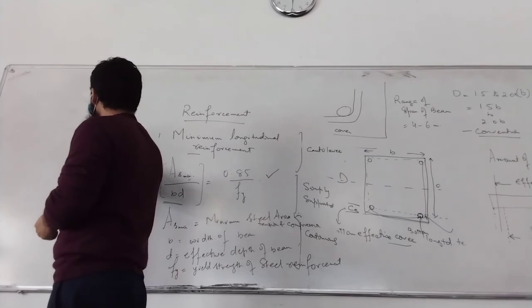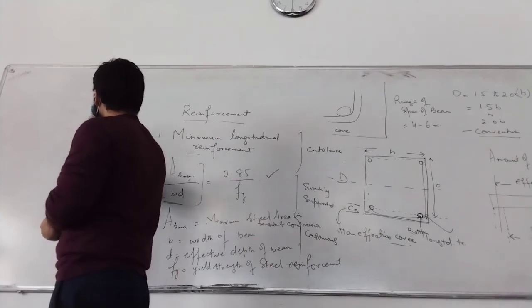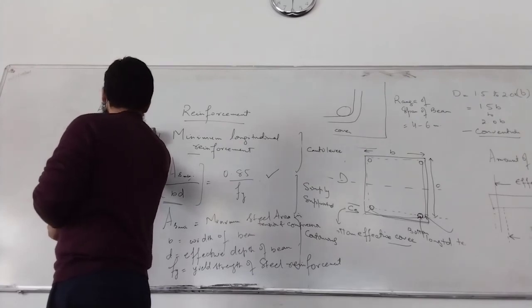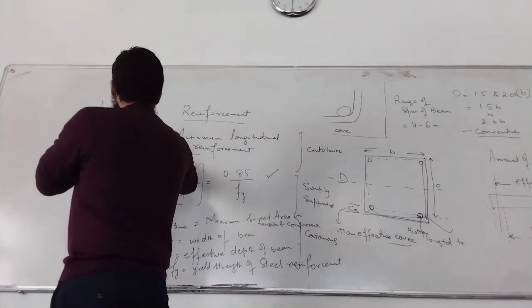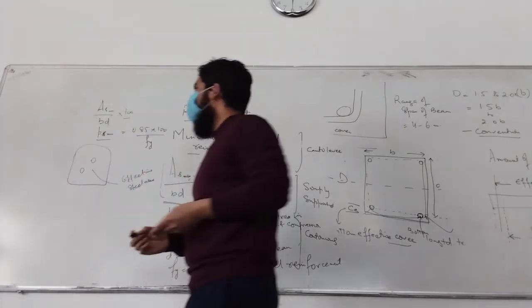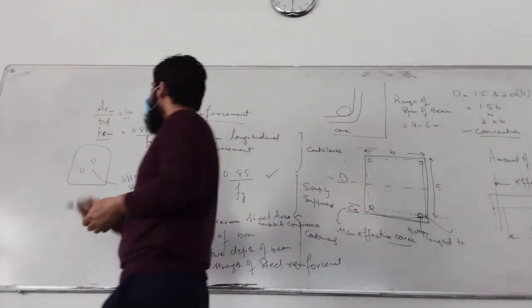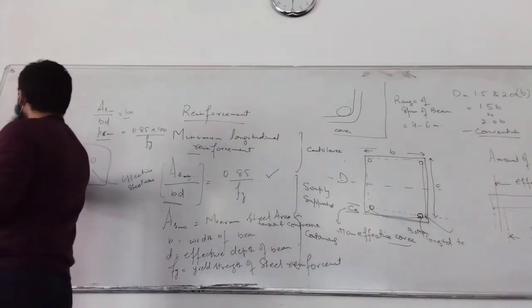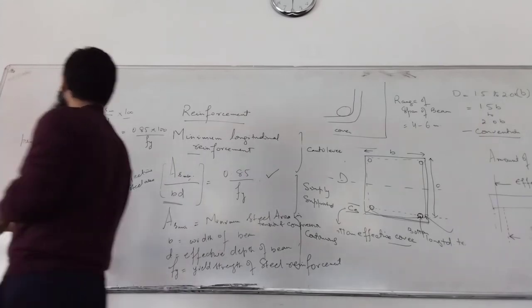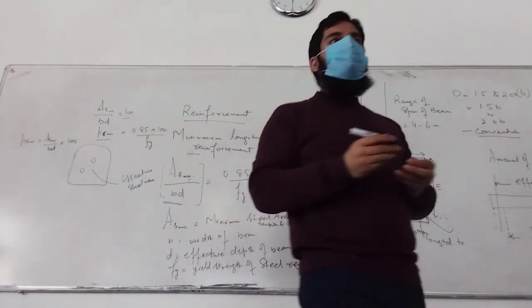Ps minimum will be equal to 0.85 into 100 by fy, where Ps minimum is As minimum by bd into 100. So you can also write it in this form.